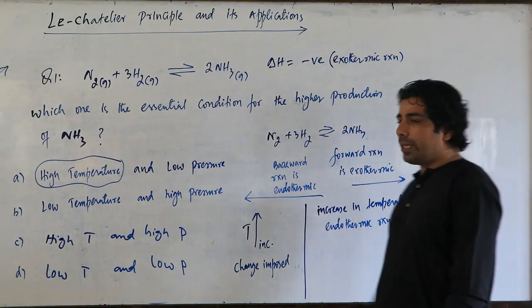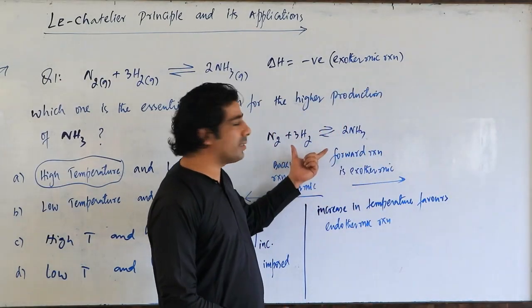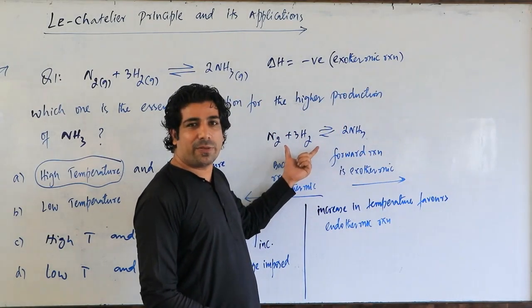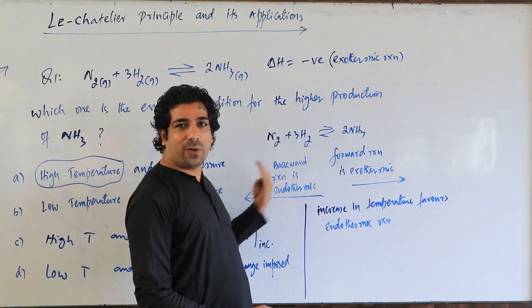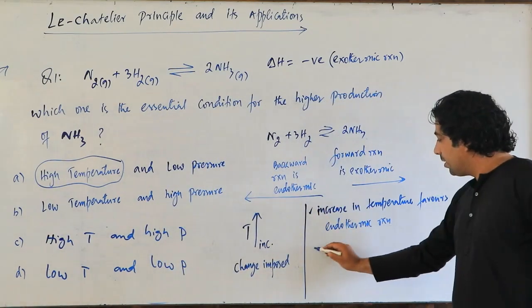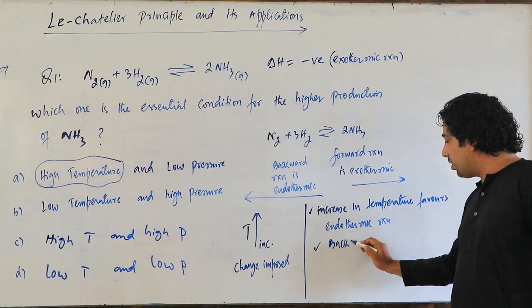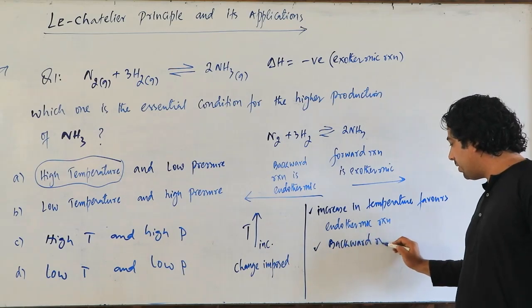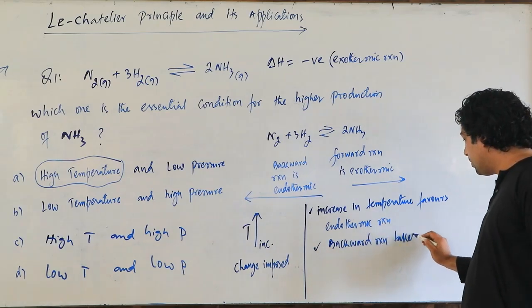So if you look at this reaction, which one is endothermic? Forward or backward? Backward is endothermic. So we'll say here backward reaction takes place.